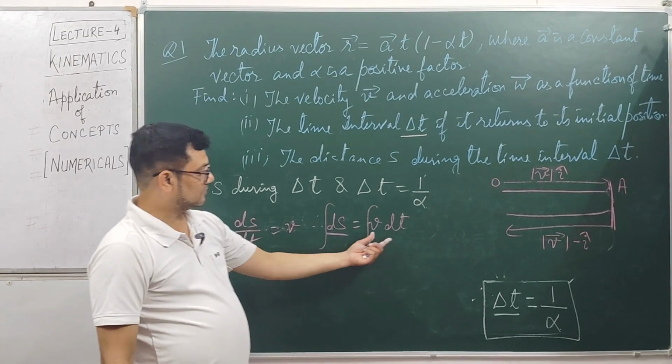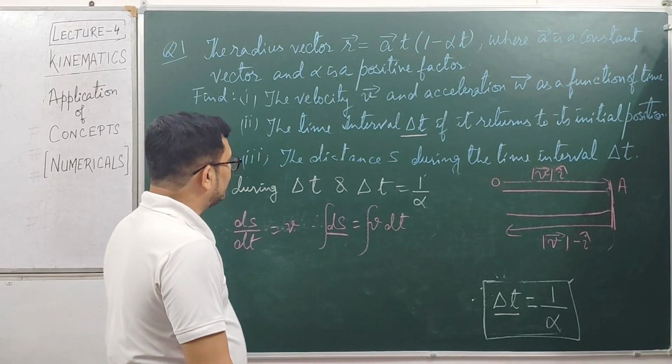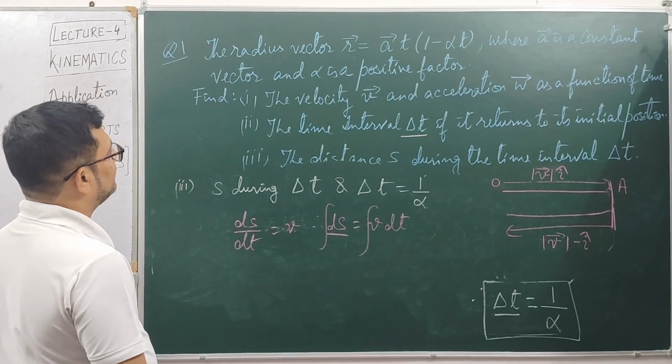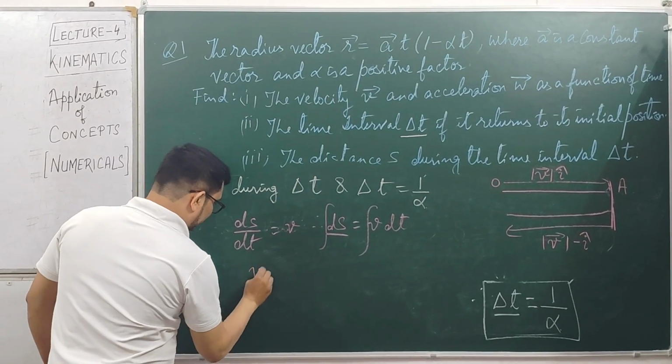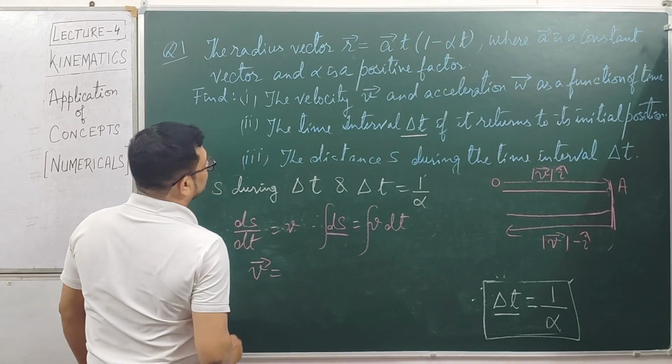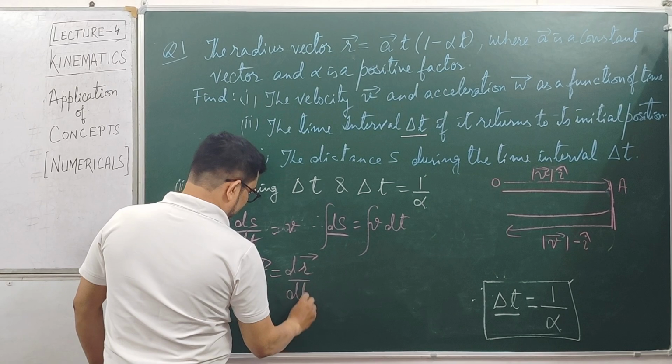We do have the velocity as a function of time. If you remember the velocity as a function of time, we get v is equal to dr over dt.